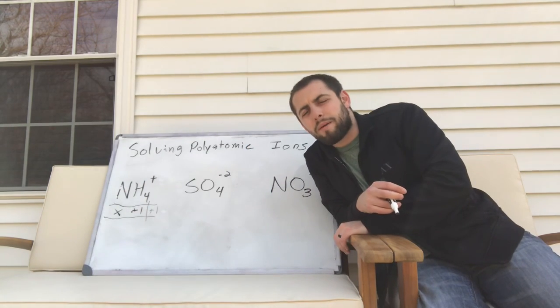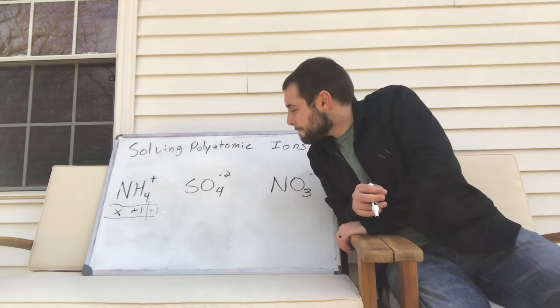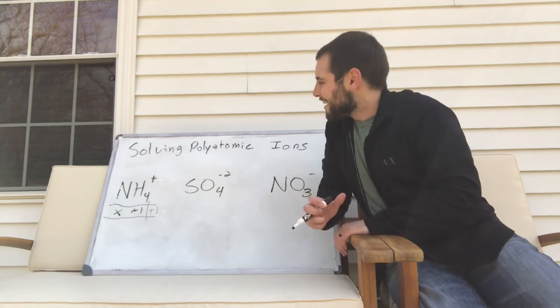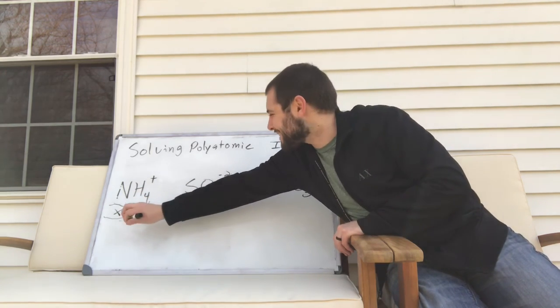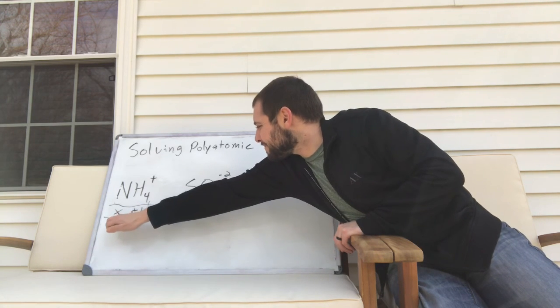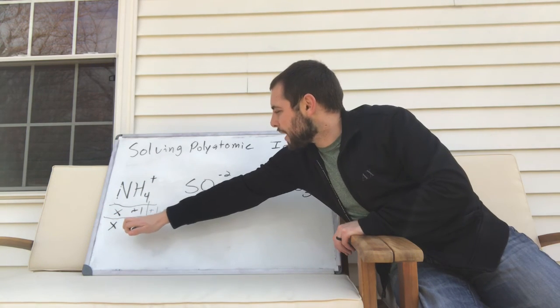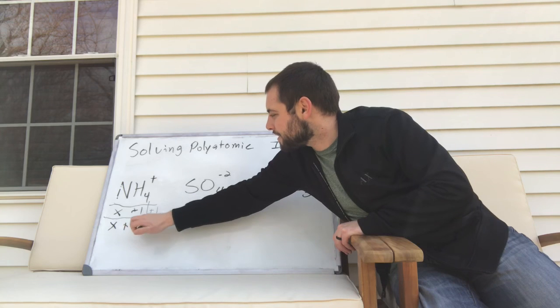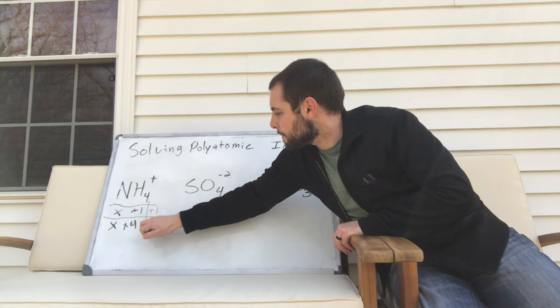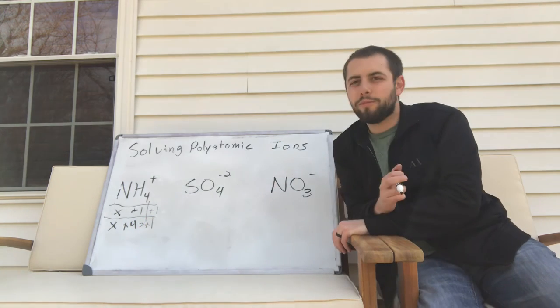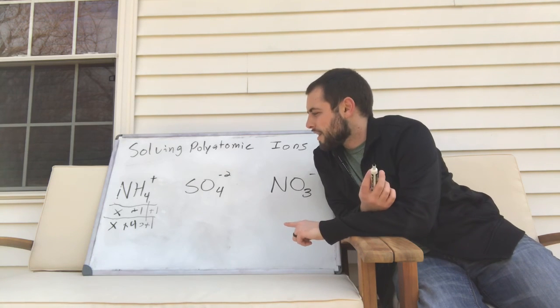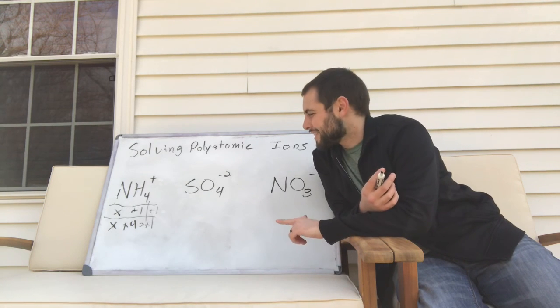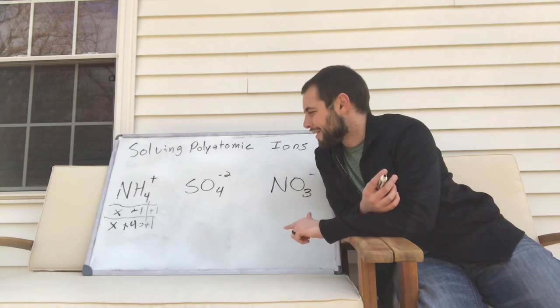I'm going to multiply by my subscripts, just like before. 1 times x, that's going to be x. 4 times positive 1, that's going to be positive 4. So beautiful. And then you can see I'm trying to get to, maybe you can't see, but this says x plus 4 equals positive 1.